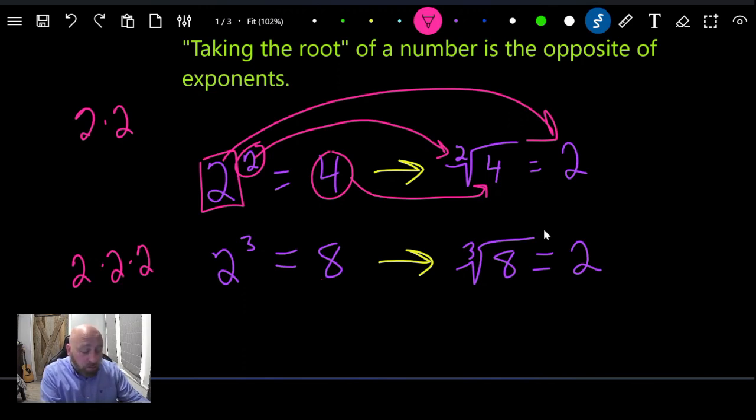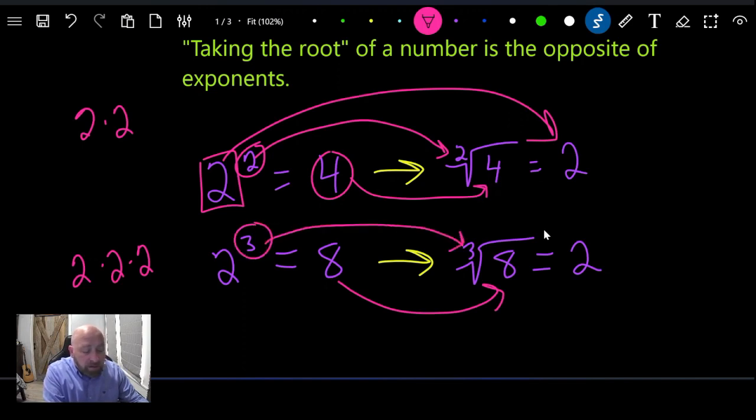In a root or radical problem, we take the answer, and it becomes the number under the radical sign. We take our exponent, and it is our new number that goes outside here. And then we take our base from the original problem, and it becomes our new answer.